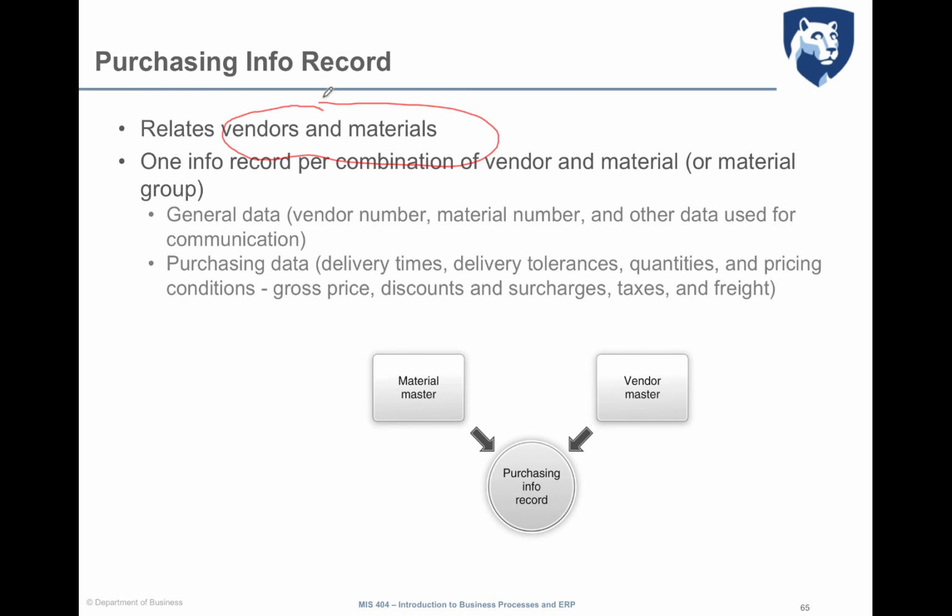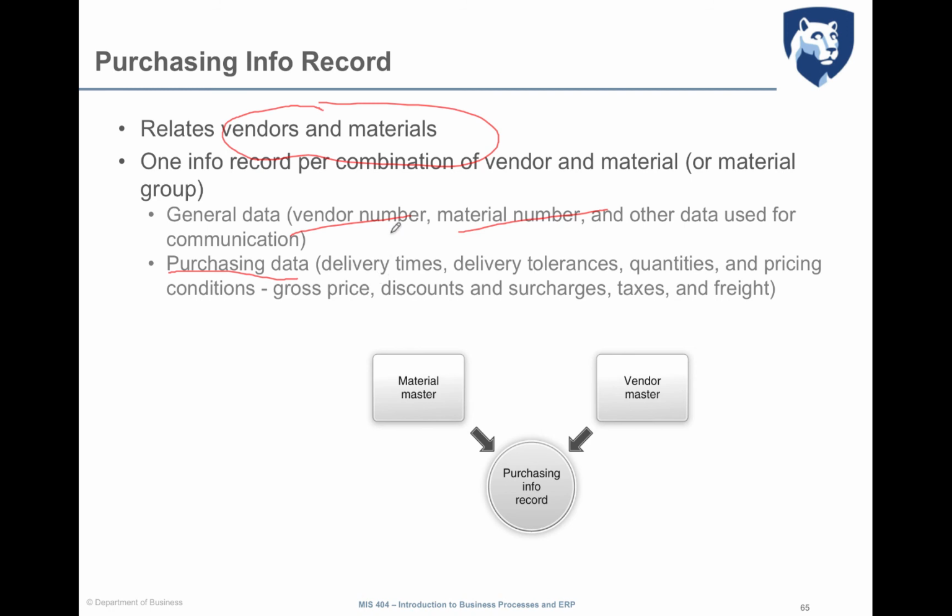General data can be applied to all purchasing groups and include vendor number, material number, other data used for communication like contact information, telephone numbers, and reminder, while purchasing data include delivery times, delivery tolerance, quantities, pricing conditions, possible promotion, and so on.